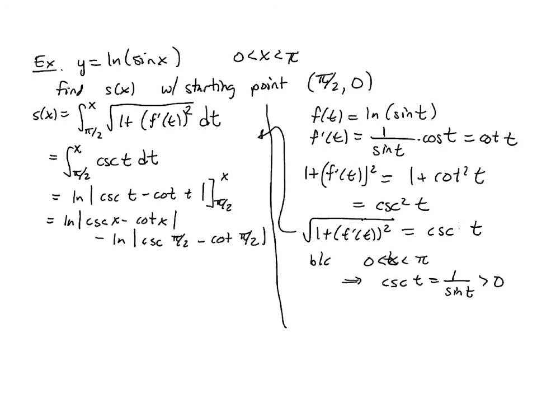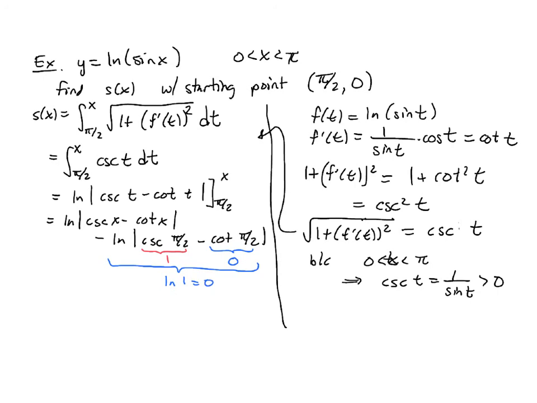And let's remind ourselves, cosecant of pi over 2 is 1 over sine pi over 2. Sine of pi over 2 is 1, so here I get a 1. And then cotangent of pi over 2 is cosine over sine at pi over 2, which is going to be 0. So the second expression I have is ln of 1, which is 0.